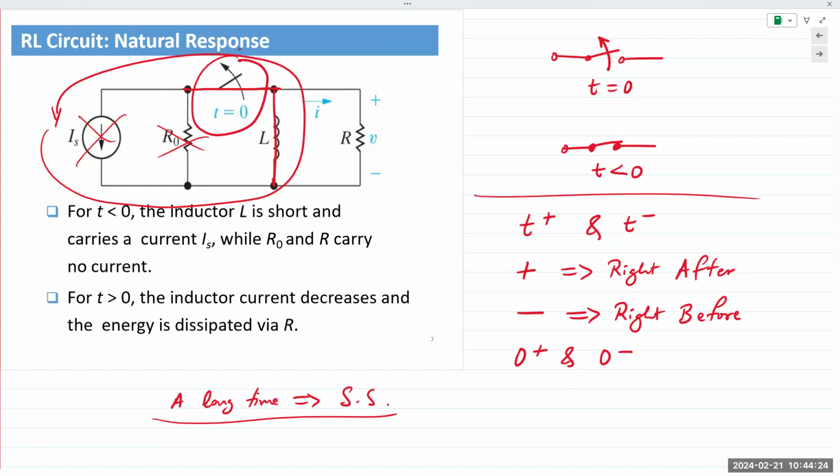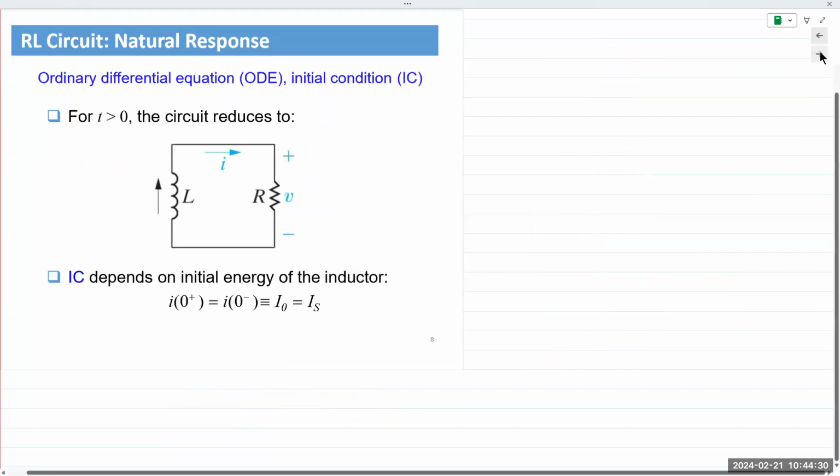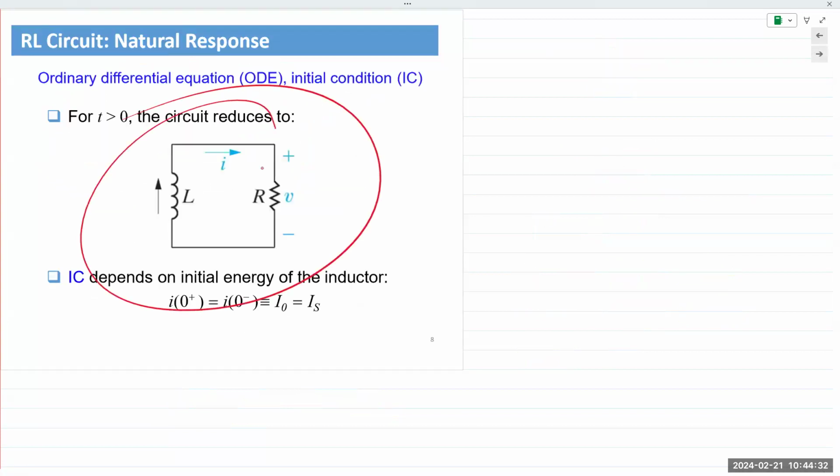After I redraw it, the circuit looks like this: simply the fully charged inductor and the resistor on the right. Actually, right or left does not matter, but for illustration purposes, I do it on the right side.